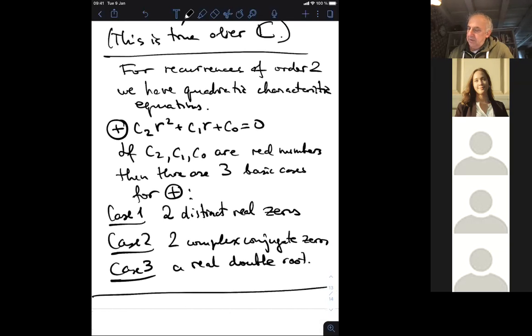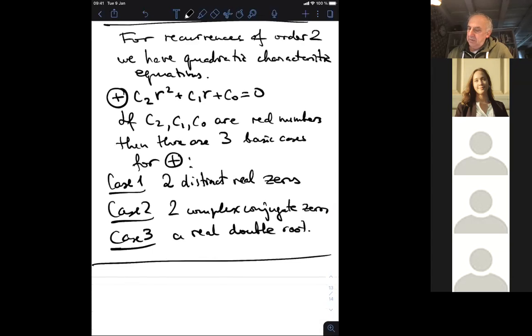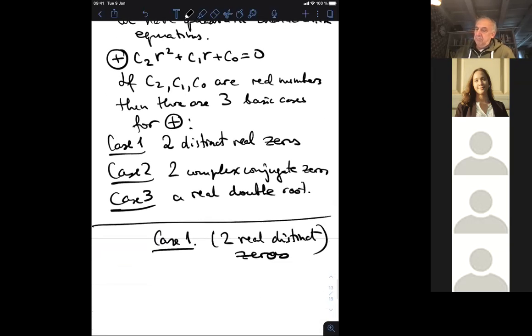Okay, case 1, 2 real distinct zeros. In this case, what I said before works perfectly.